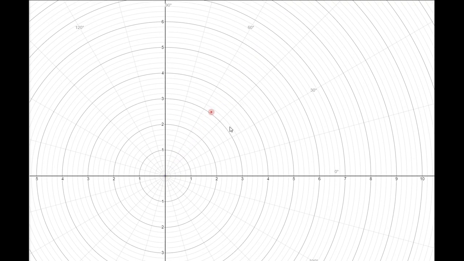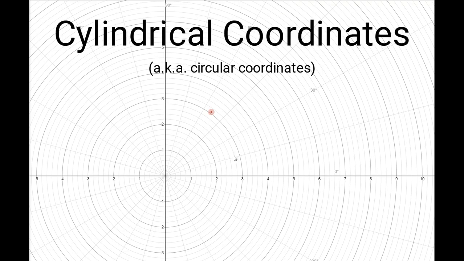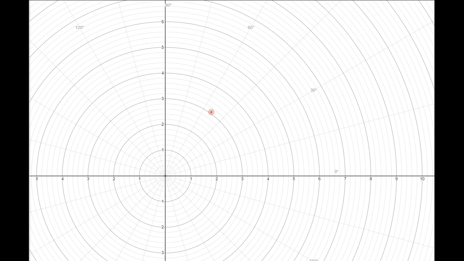Now, another coordinate system that's maybe a little less common but is used quite a bit in three-dimensional spaces. It's called the cylindrical coordinate system, or sometimes circular coordinate system if it's just 2 dimensions. And the way this coordinate system works is we tell you how to get to a point by giving the radius of a circle that has the point on it and then measuring how far from a point directly to the right, how far along that circle we'd have to walk to get to that point.